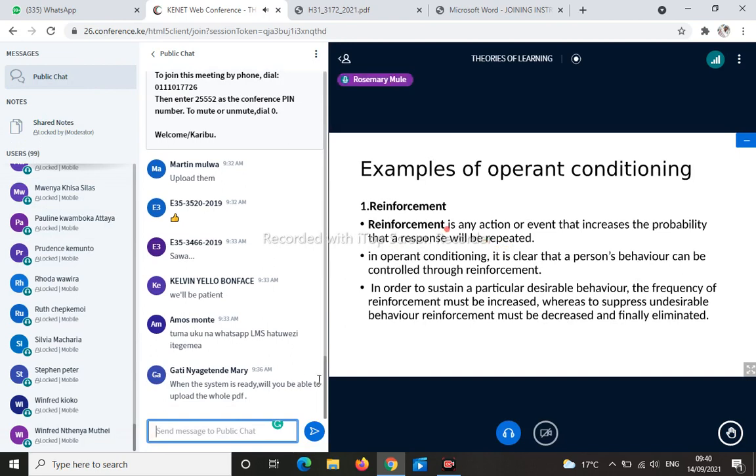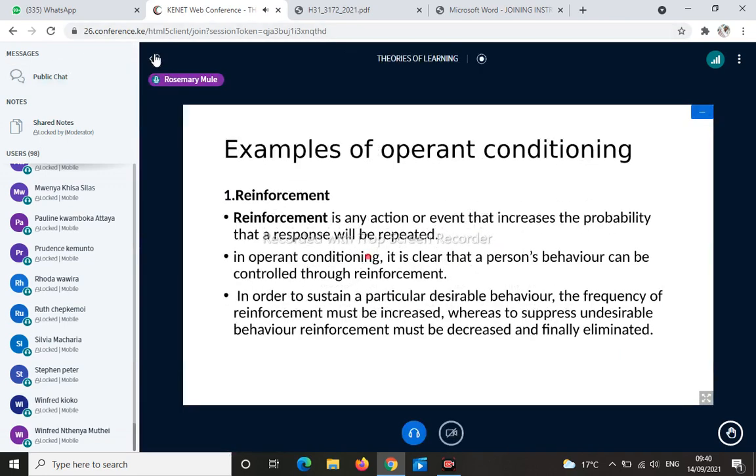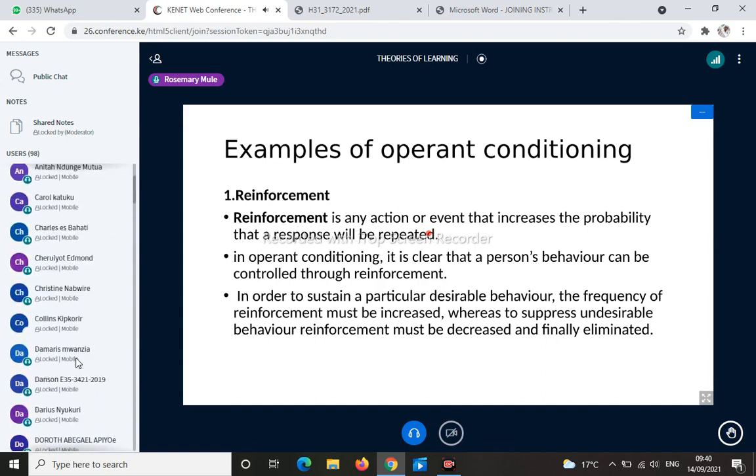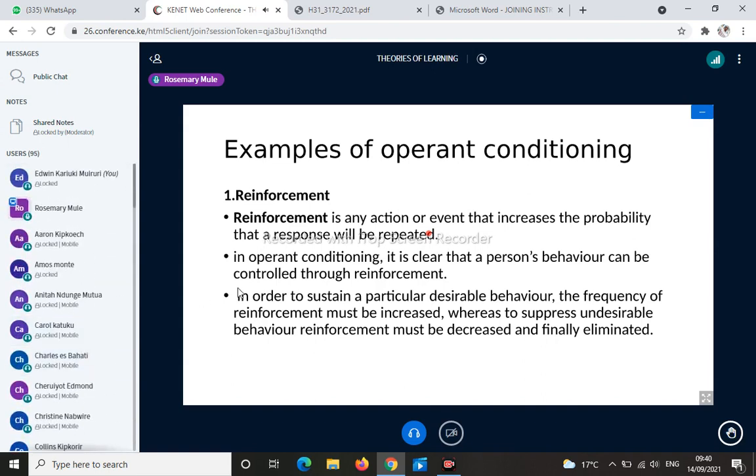So here in operant conditioning, reinforcement increases the probability that a response will be repeated. And the reinforcement in this example of the B.F. Skinner's box is the appearance of the food pellets caused the rat to keep on stepping on the bar.